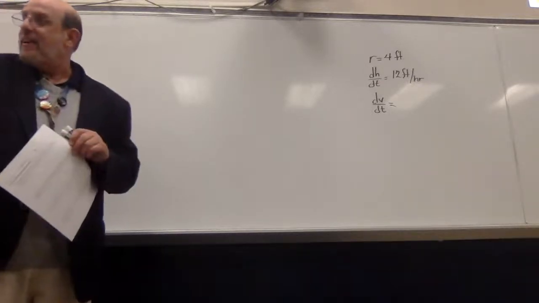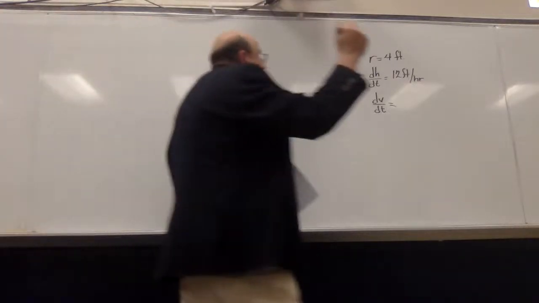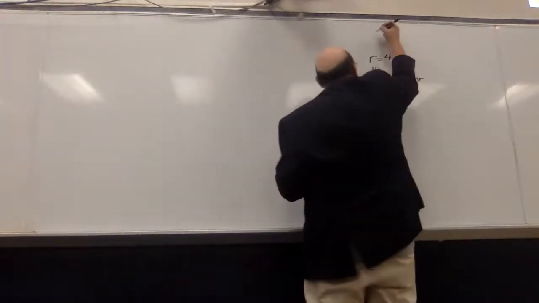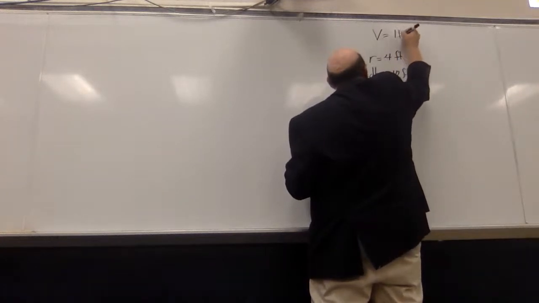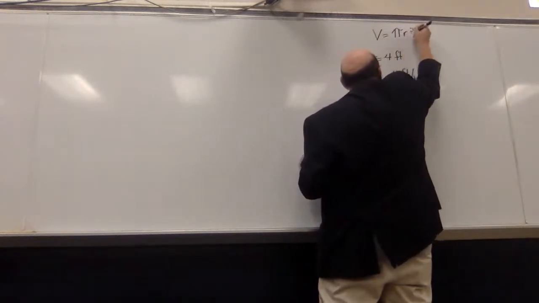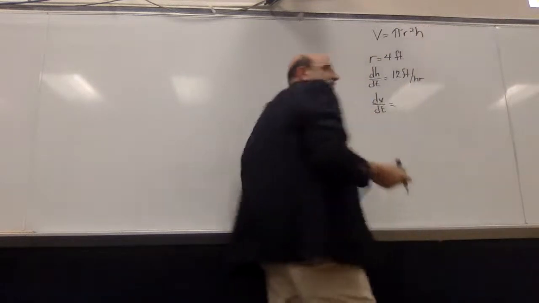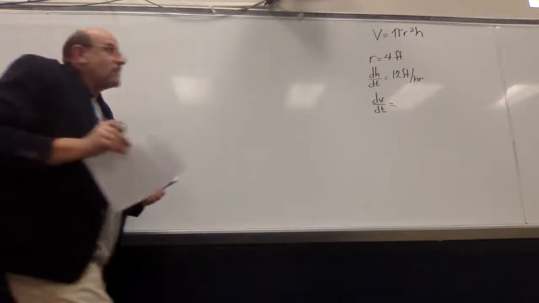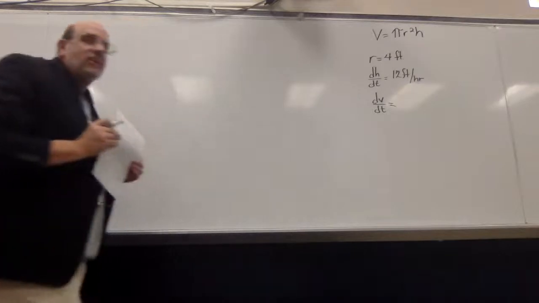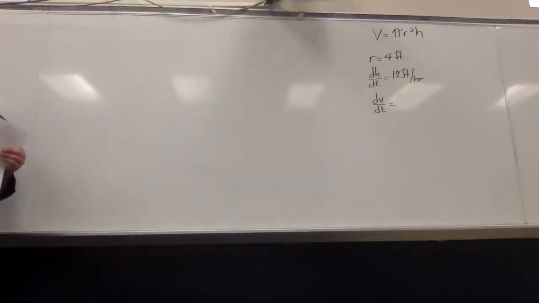Volume equals pi r squared h. Isn't that what it is? I seem to remember this is pi r squared h, right? I'll Google it.